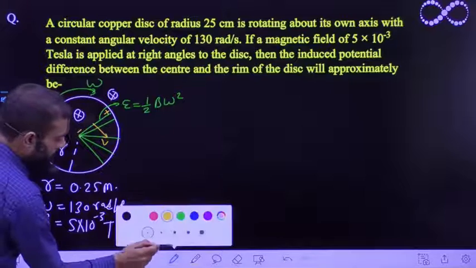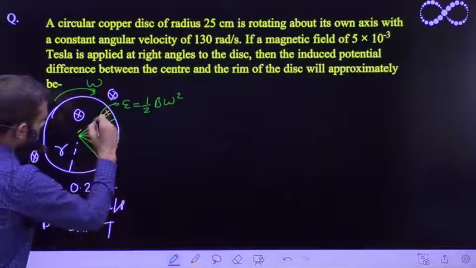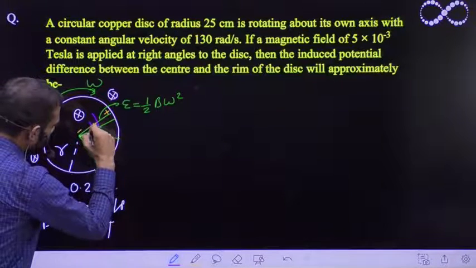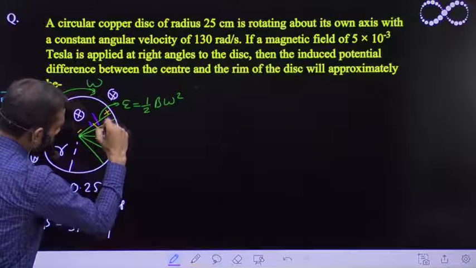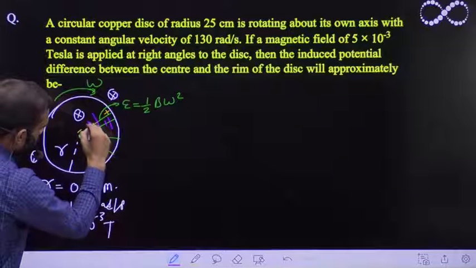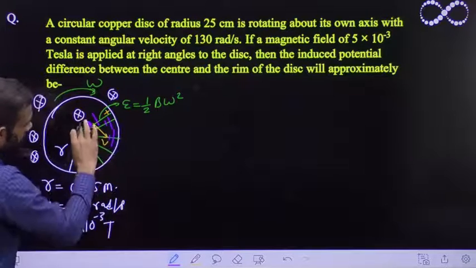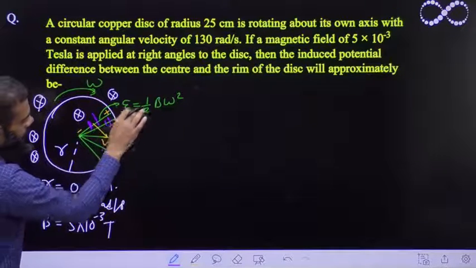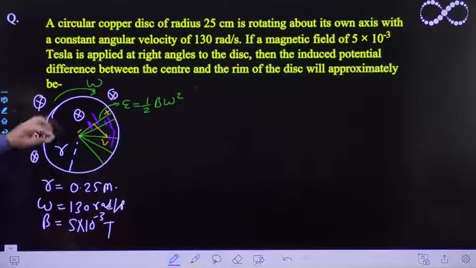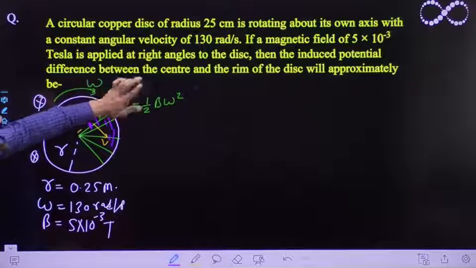Each infinite rod will behave like a cell, with the positive terminal towards the rim for each one. Each cell will have the EMF equal to 1 by 2 B omega L square, because whenever a rod is rotated with omega in a uniform magnetic field, the EMF generated in the rod is equal to that.